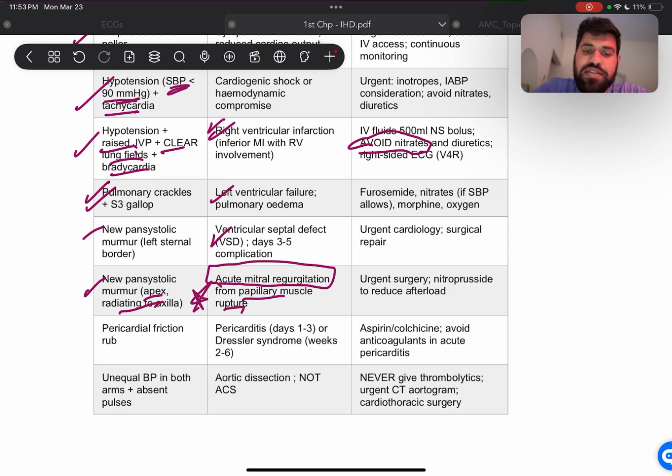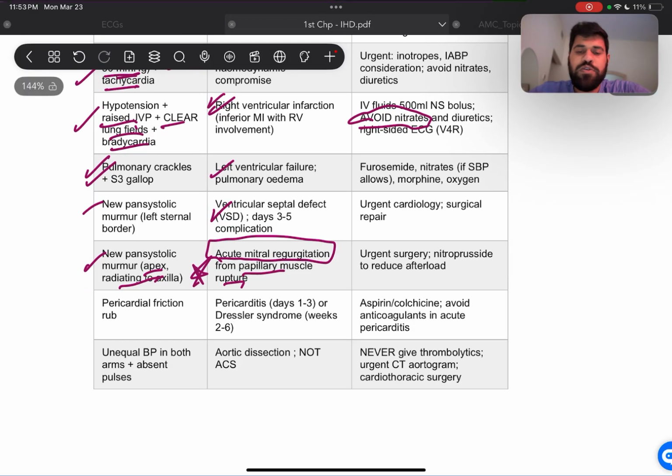Now this is important because papillary muscle rupture, complete tear, is very rare, but it does happen, especially in patients of MI. It might not be the first presentation, because we have a lot of papillary muscles attached to one leaflet, so all of them being ruptured or torn could mean there's a serious complication, a serious pathology going on with this patient.